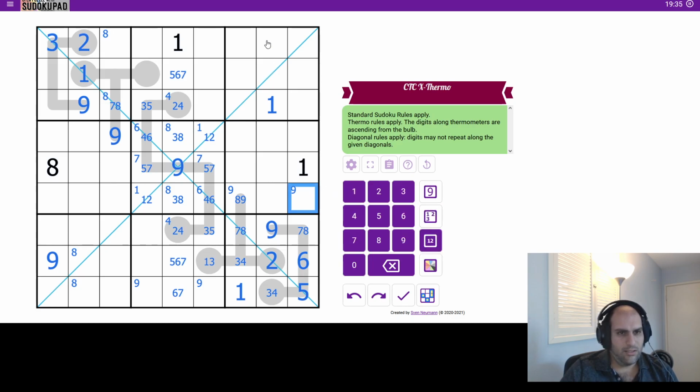If this is a 9, does it do the 9's break? No. Okay. So I've got a lot of info about here, but not about this one. This number can be pretty much anything.